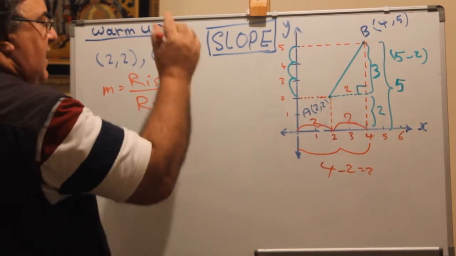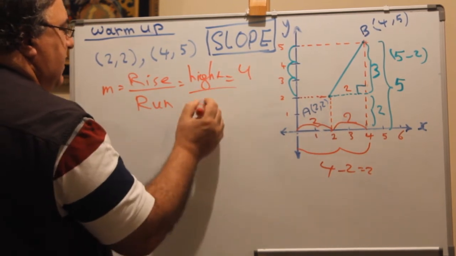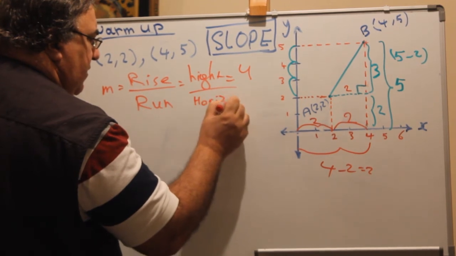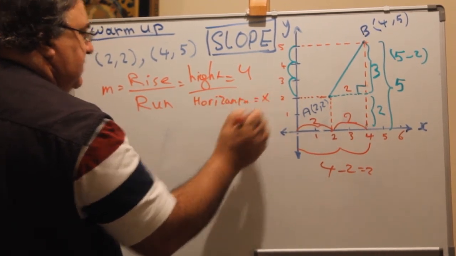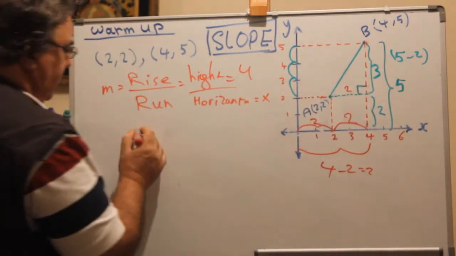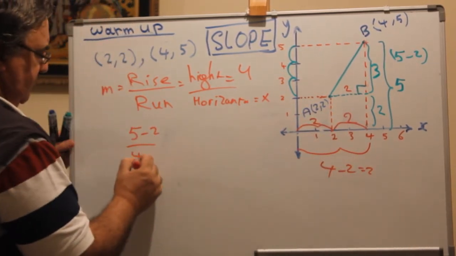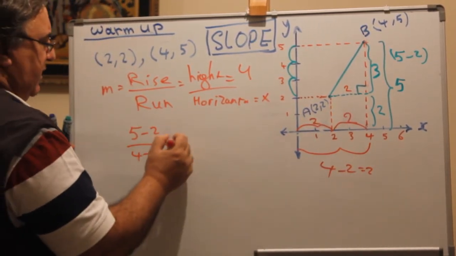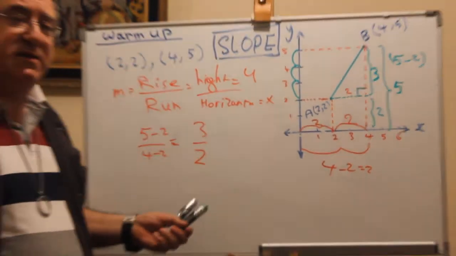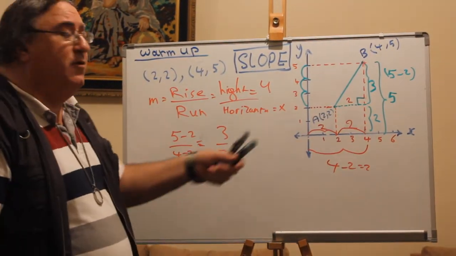The rise is the height, which is Y, and the run is the horizontal, which is X. Now, what is it? It is 5 minus 2 over 4 minus 2, which gives me 3 over 2. This is a ratio; you cannot say it is meters or centimeters. And from this, we can get the slope for any line.